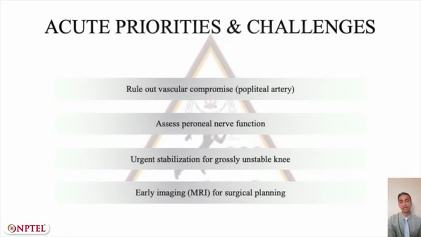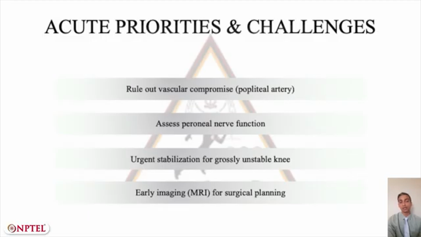In case of multi-ligament knee injuries, the first priority is ruling out vascular compromise, especially popliteal artery injury. The popliteal artery originates as a continuation of the femoral artery. It travels through the popliteal fossa behind the knee, branching to supply the knee joint via its genicular branches.